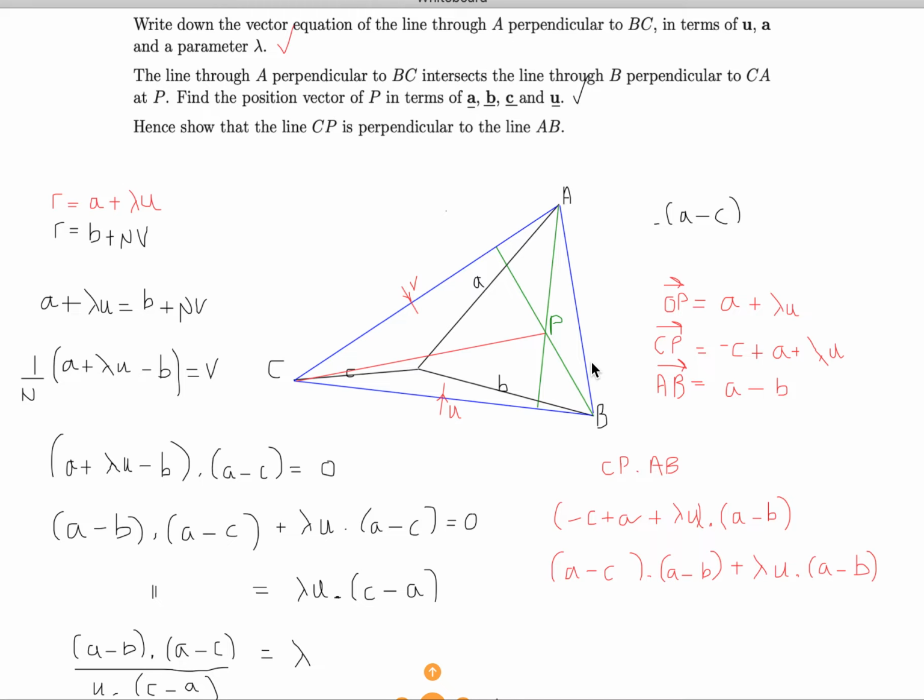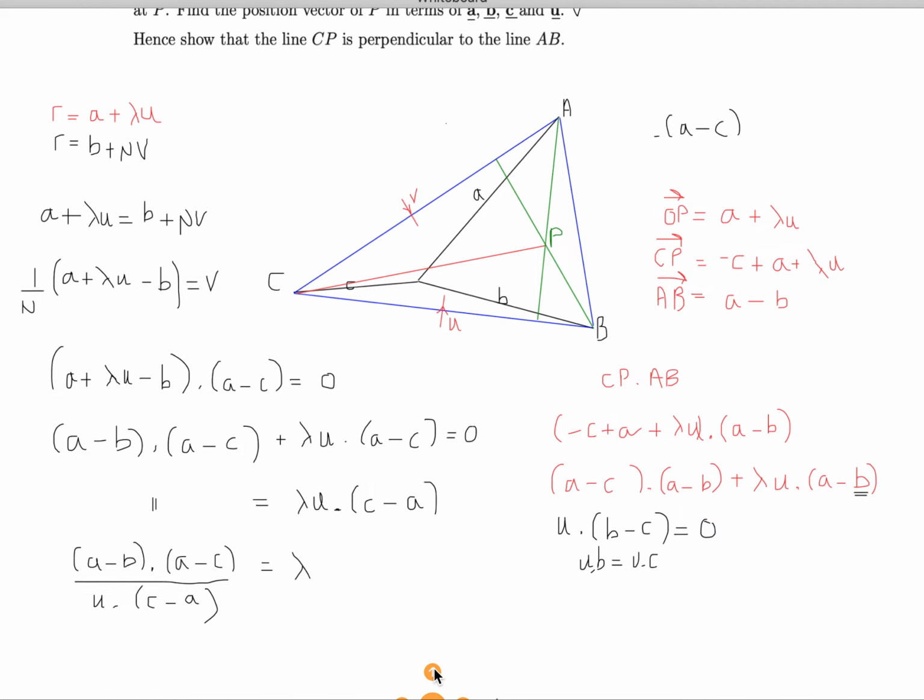One thing that we can look at is that this vector U, when dotted with this vector B minus C, we get 0 because B minus C is perpendicular to U, and from that we get an identity that U dot B would equal U dot C. Just by expanding it out, U dot B minus U dot C equals 0, so U dot B equals U dot C. So this here then, as U dot B equals U dot C, we can actually rewrite this B as a C, and then we end up with an A minus C bracket here, which we might actually be able to factorize. So let's give that a go.